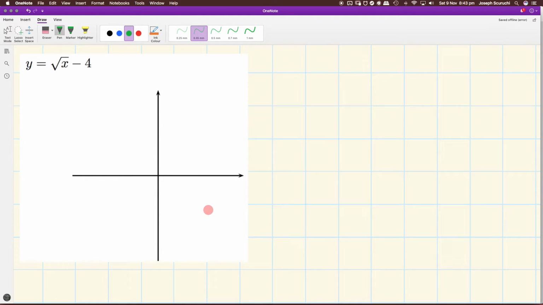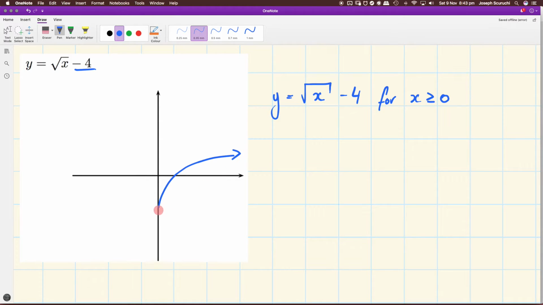So immediately, just by looking at this, we should be able to say, all right, y equals the square root of x minus 4. And we can say this exists for x is greater than or equal to 0. This negative 4 is going to shift it 4 down. So it's going to look like this. And I can say this is 0, negative 4. Also very important that you tell me what the x-intercept is.